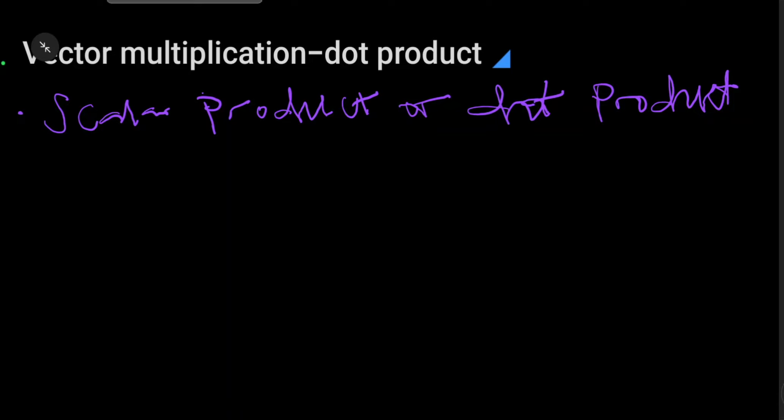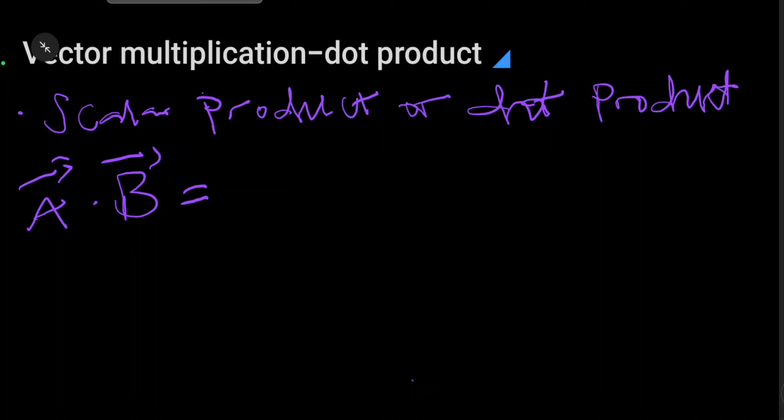Let's say we have a vector A and we have another vector B multiplying themselves. So the scalar product simply means the product of the magnitudes of the two vectors and the cosine of the angle between them.